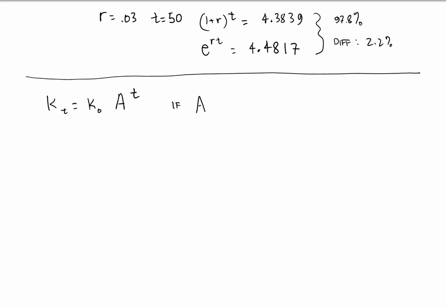If a equals 1 plus r, then we have our geometric growth model. If a equaled e to the r, then that was the exponential growth model.